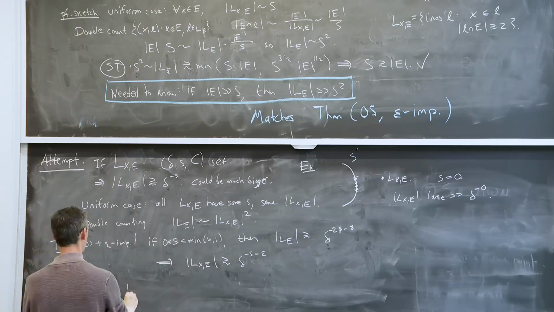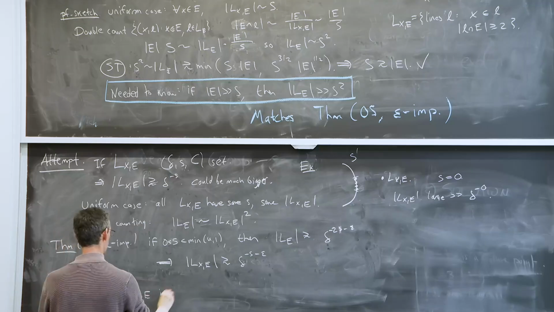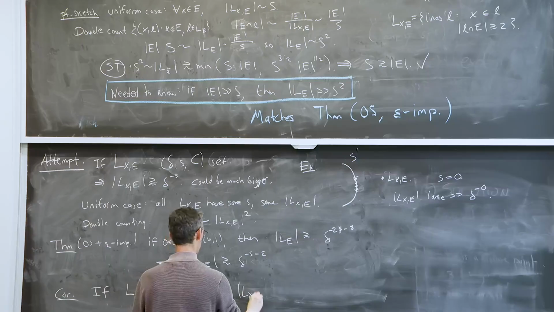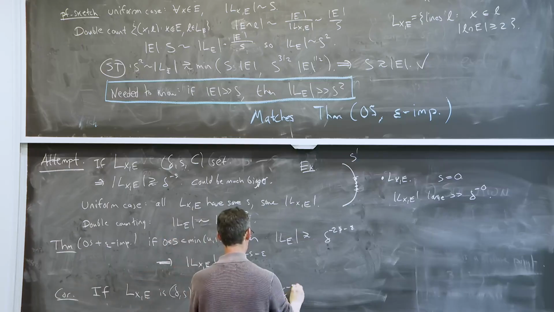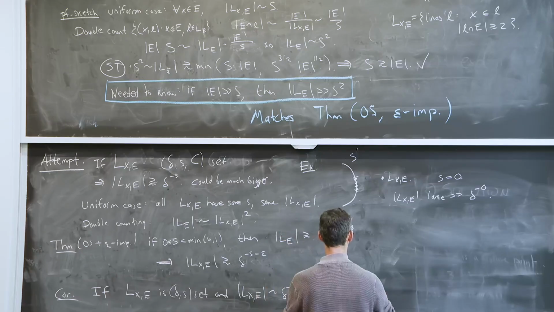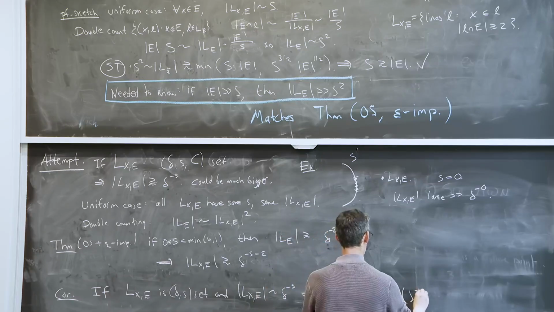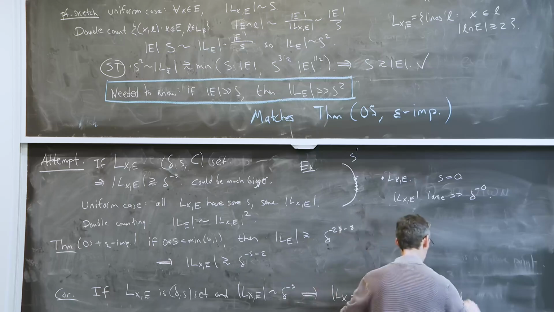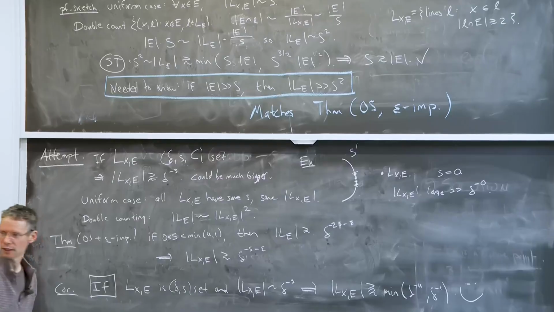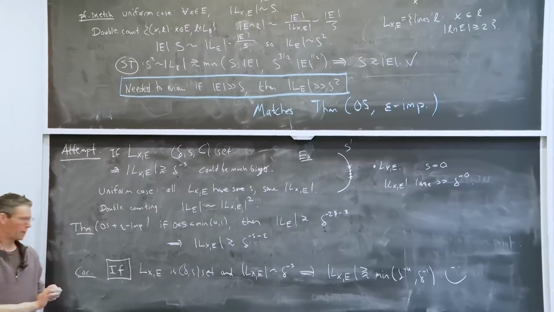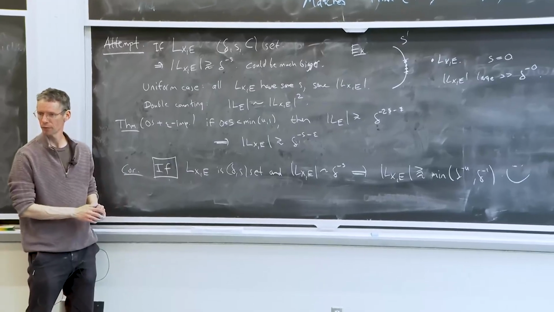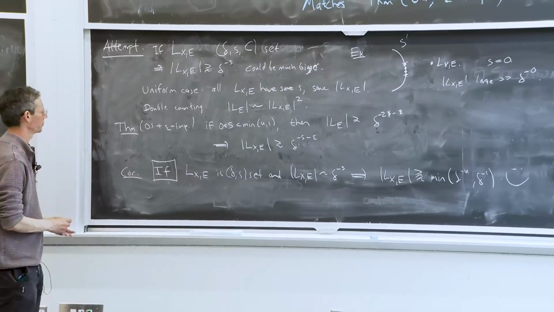If L_x^E is a delta-s set, and the size of L_x^E is around delta to the minus s, then we would get that the size of L_x^E is greater than around the minimum of delta to the minus u and delta to the minus 1, and we would be happy. But it's a big if. And we don't understand yet very well what might happen if these sets were a little more clumped. OK. Cool.